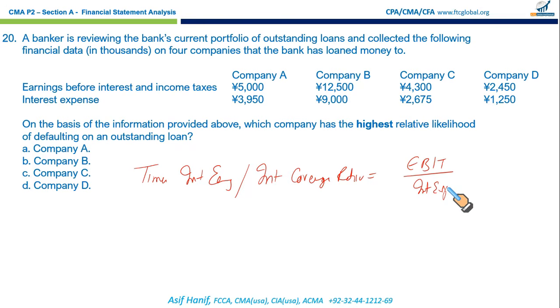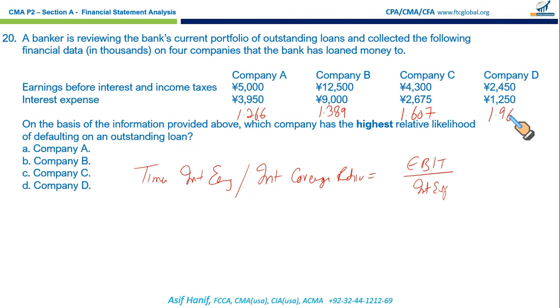So it's fairly straightforward. 5,000 upon 3,950 is 1.266. For company B, 12.5 thousand upon 9,000, it's 1.389. For company C, 4,300 upon 2,675, it's 1.607. And for company D, 245 upon 125 is 1.96.